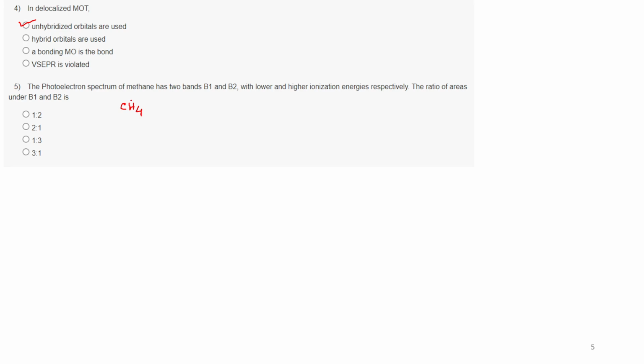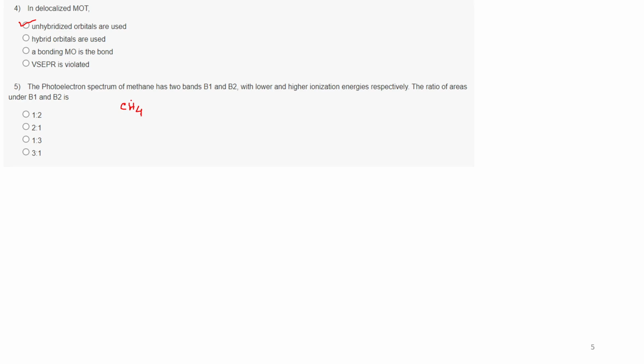Methane has been discussed in two ways: one using valence bond theory with sp3 hybridization, and another through the MOT picture. You can look at that. But in this question, whenever we are discussing photoelectron spectra, we are talking about the MOT picture, which is more acceptable than VBT.